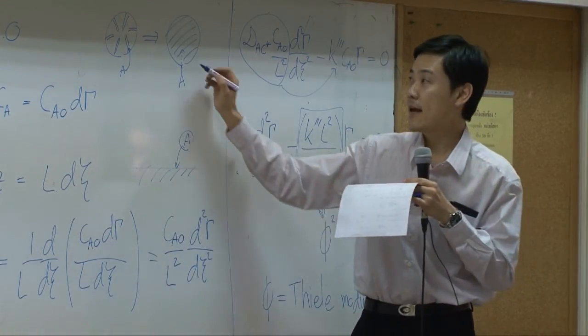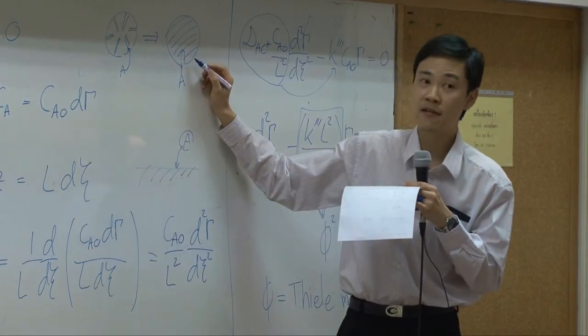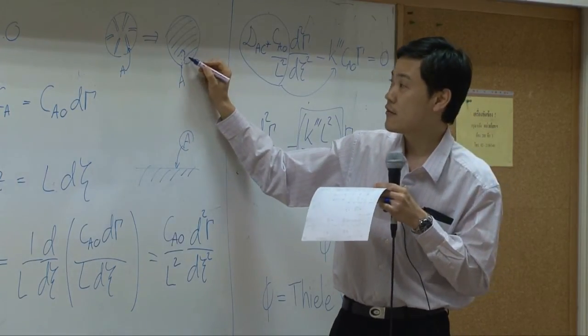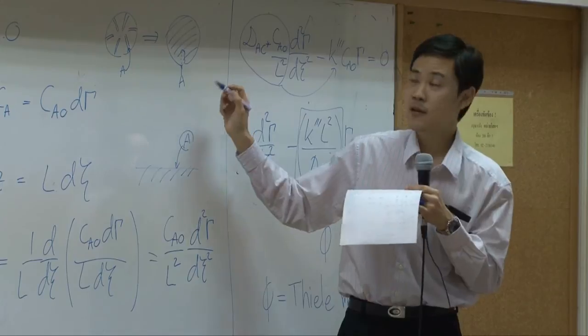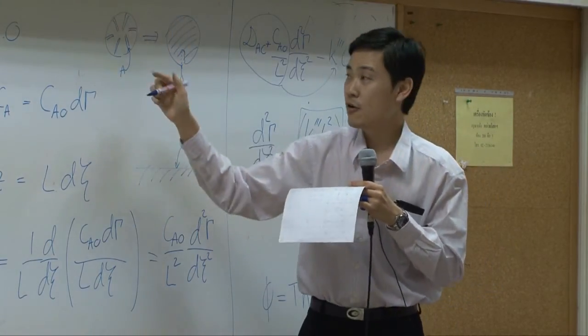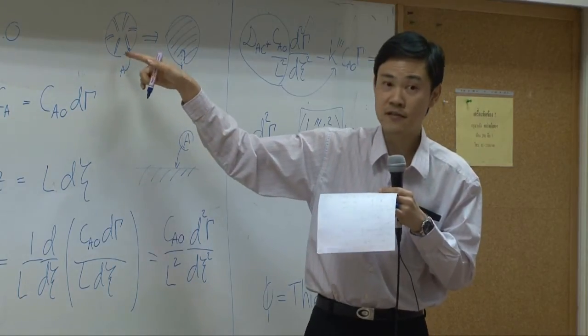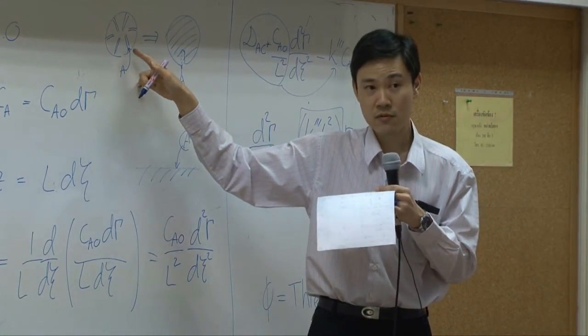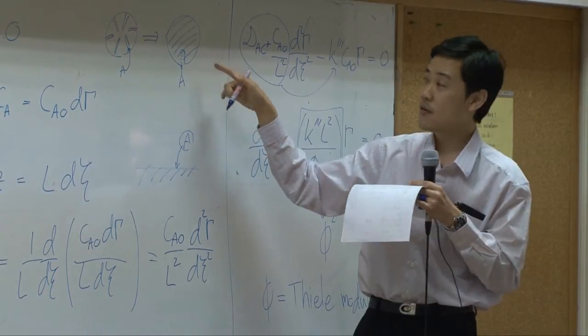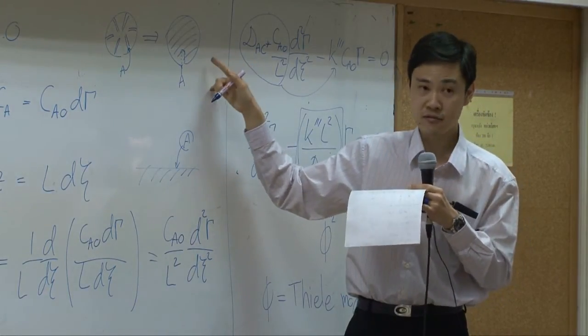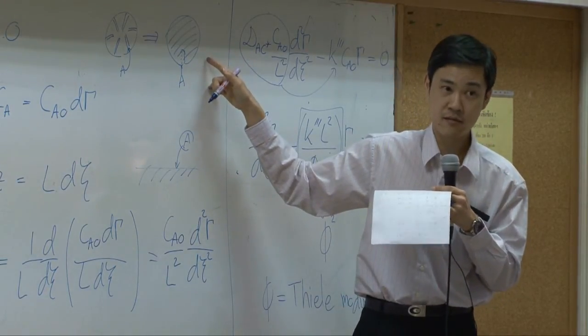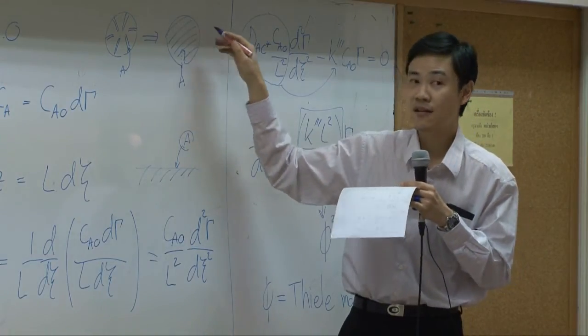And along the way of the diffusion here, reaction takes place. So if you look at this picture, the reaction is heterogeneous. It occurs on the surface, the real surface of the pores. But if you look at this picture, the reaction is taken to be homogeneous, homogeneous in the solid content.